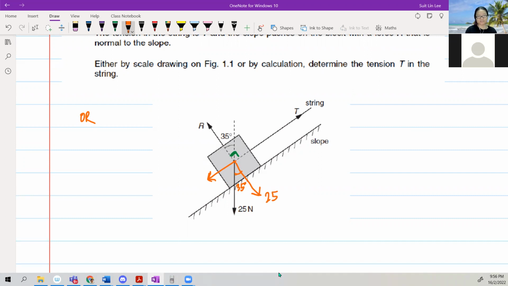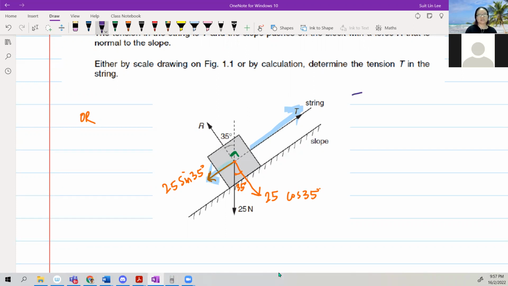So this is 25 right beside the angle, cos 35, and this is 25 sine 35. I can press calculator, but I'm a bit lazy. I don't want to. So what I know is this tension that's pointing upwards must balance with this 25 sine 35 that's pointing downwards.